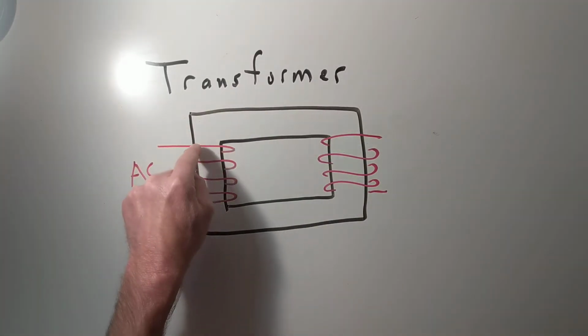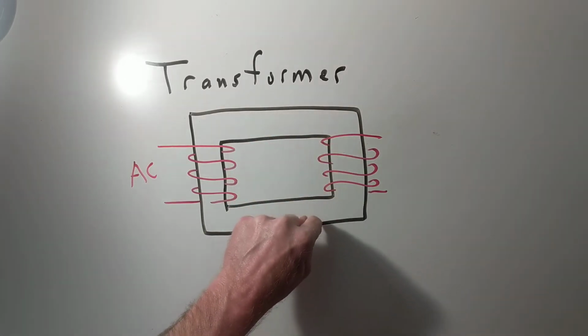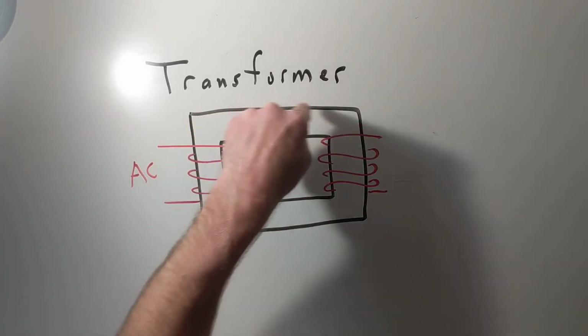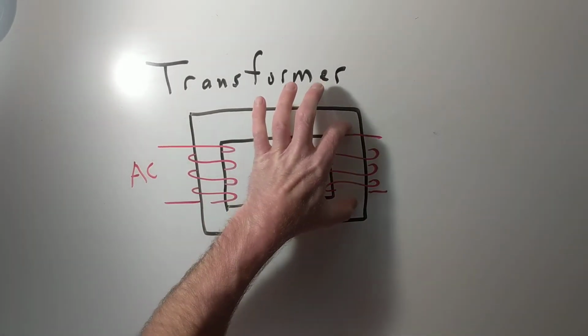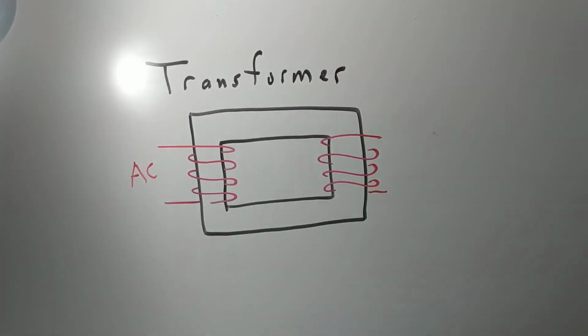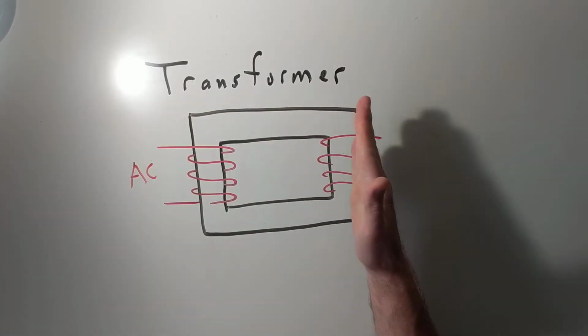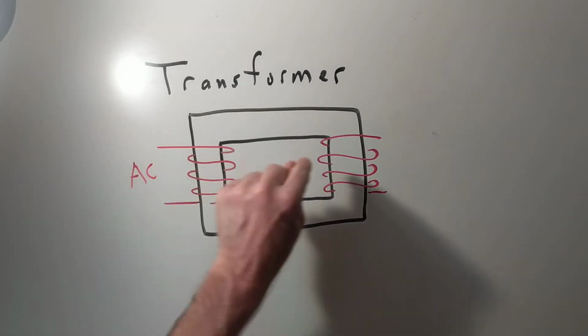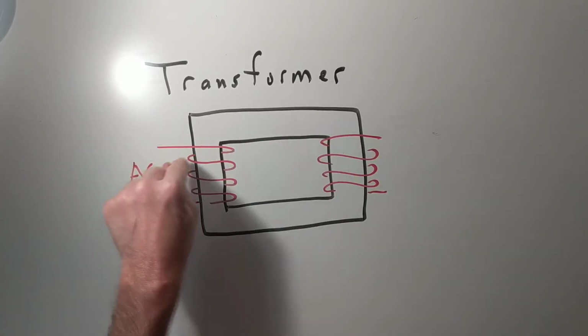But because of that, that means the domains are going to line up, and they're going to line up with a magnetic field this way, then a magnetic field this way, then this way, then this way. So this set of coils is going to induce a current. And this is pretty amazing when you think about it, because this set of coils and this set of coils never touch each other. They don't touch each other at all, but they're able to communicate an electrical idea between them.